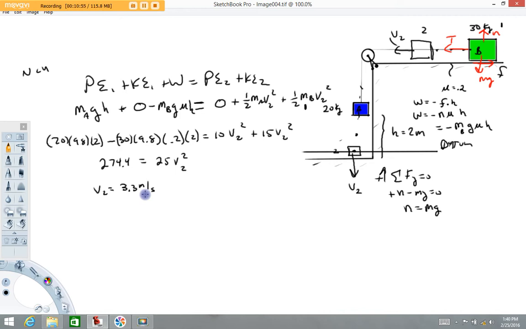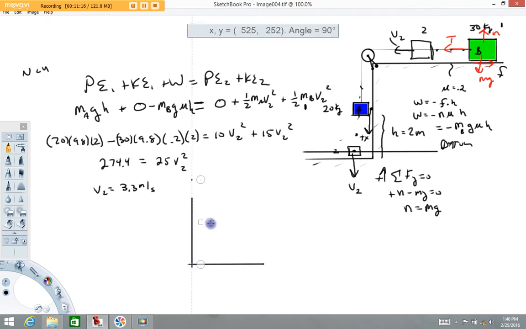Alright, I'm going to go ahead now and do the motion study just like I did before. I'm going to study the motion of this system, putting a coordinate system here, a plus x with down positive. I'm going to go ahead and draw a velocity graph for mass 2. Again, the velocity graph describes what the velocity of that particle is doing.